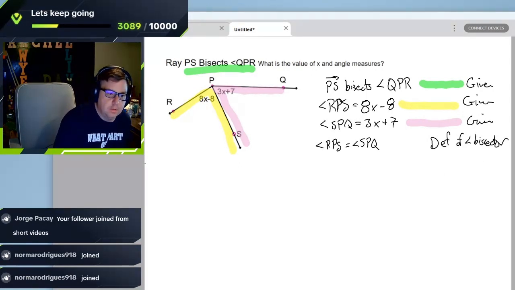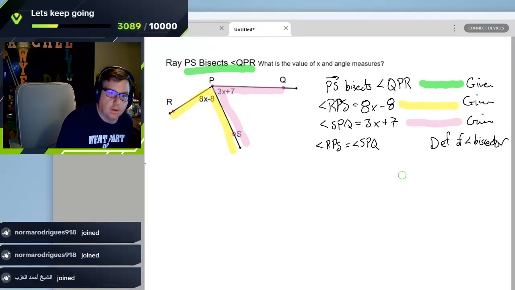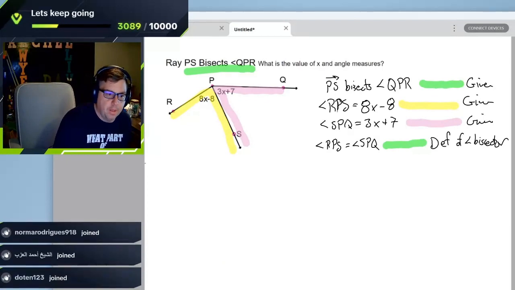So if I'm using the definition of an angle bisector, I want to say something about these two angles being equal. The yellow equals the pink. So the yellow equals the pink.